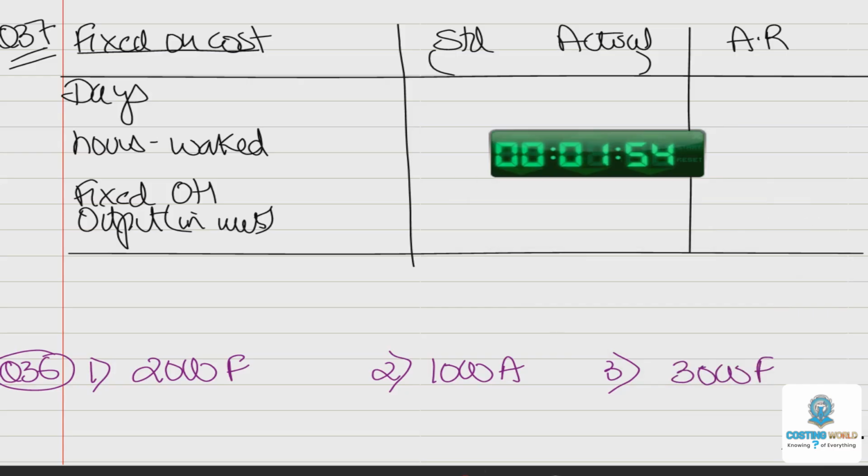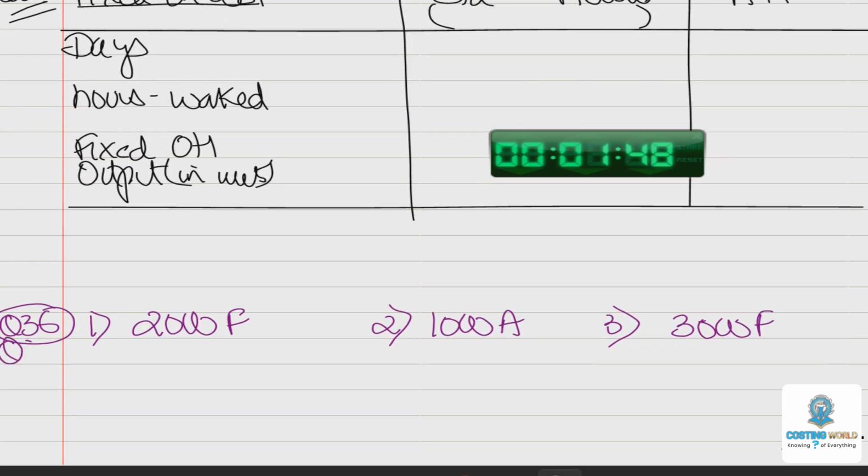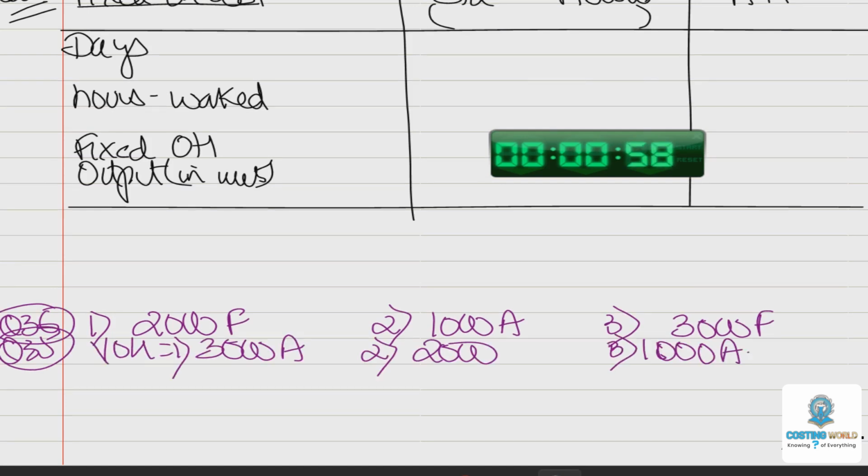Question number 36 variances are fine. 36 I have written. 35 I'll take a while to be doing. Please just check the 35th question. Variable overheads, are these the variances? Yes, sir. Okay.